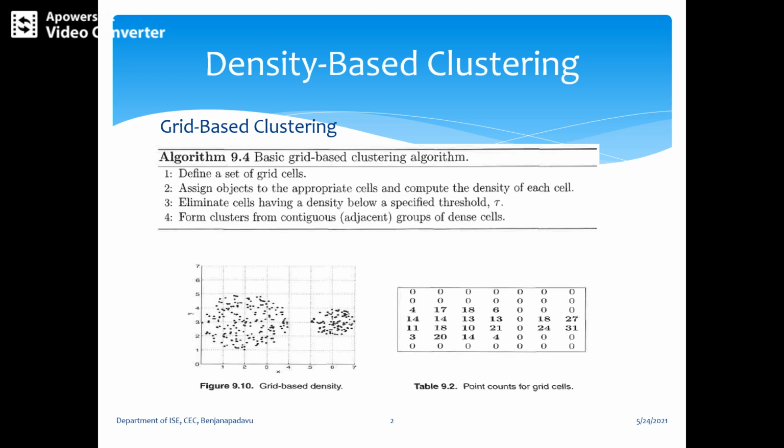There are a number of ways to perform clustering using a grid, but most approaches are based on density. At least in this part, we should know that we will use grid-based clustering to mean density-based clustering using a grid.